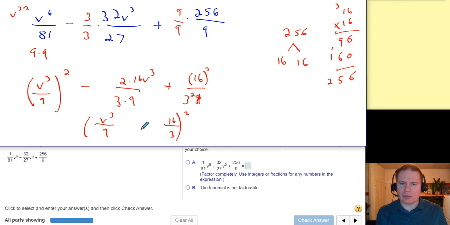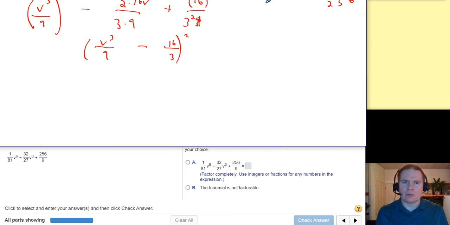And this is minus, so I'm alleging it's that. Let's switch colors here. Shift this down a bit. And let's actually multiply this out. So v cubed over 9 minus 16 over 3. I'm just writing it again so I can actually use FOIL here. So v cubed over 9 times v cubed over 9.